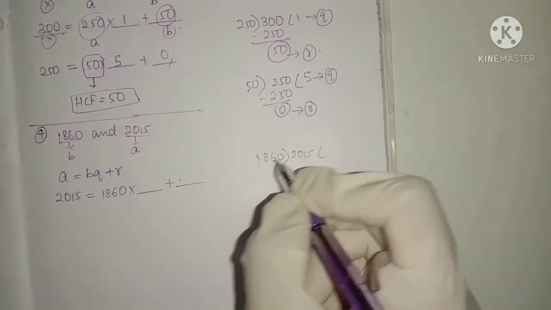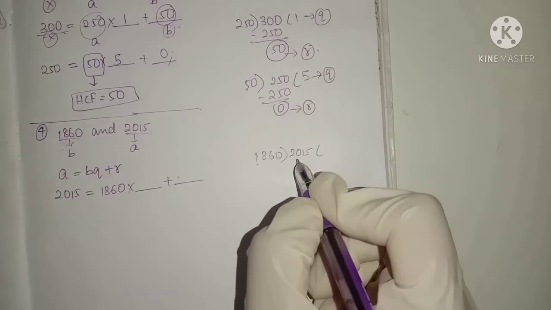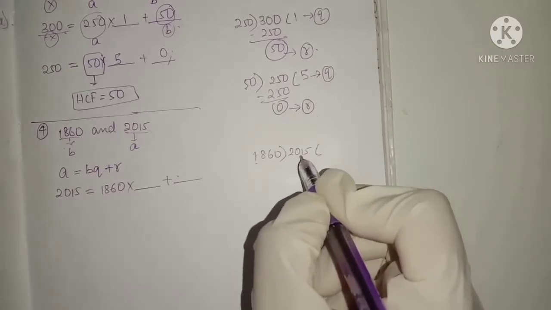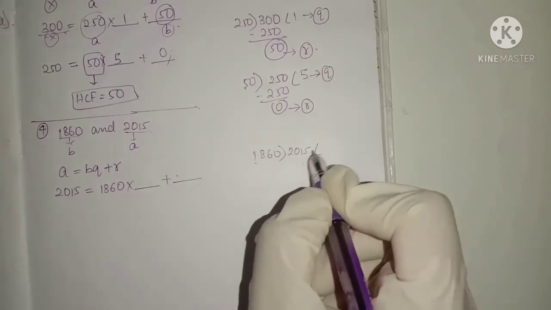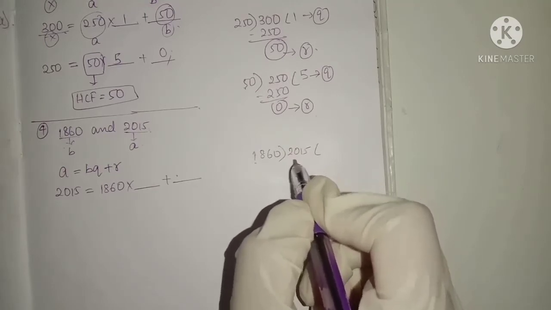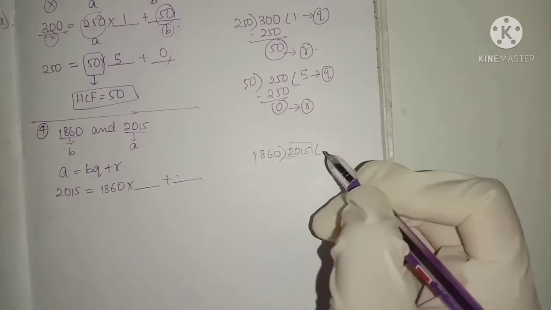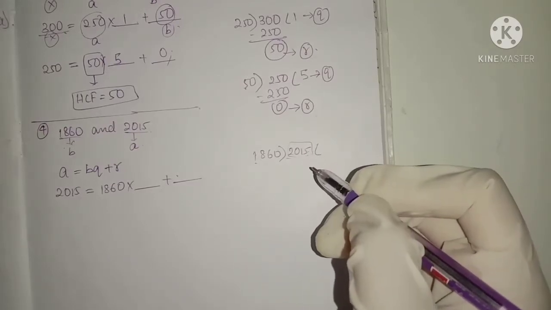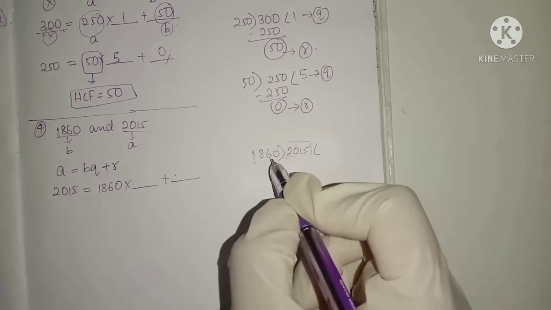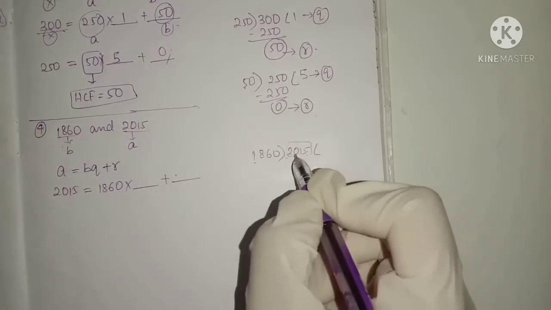If we take 1860 twice, the number will be more and we can't divide it from 2015. Always the number which we are going to subtract from the dividend should be smaller when compared to this 2015. If it is a greater number, then division won't work. So always remember the number should be smaller than the dividend or it can be equal to the dividend.